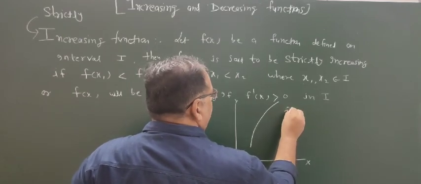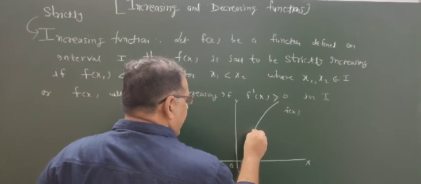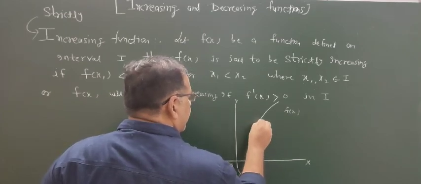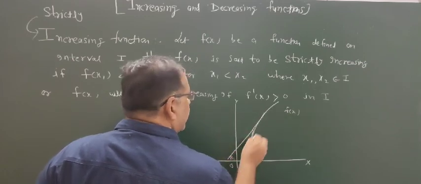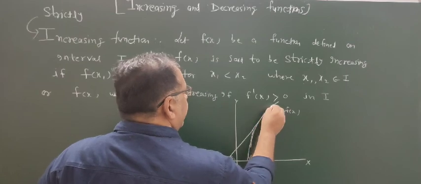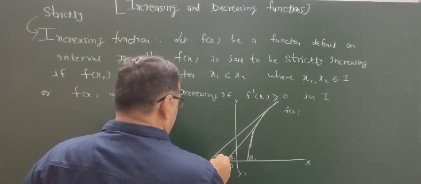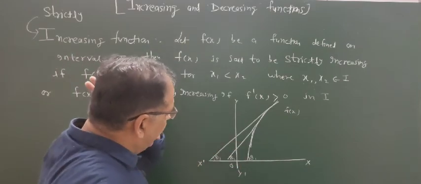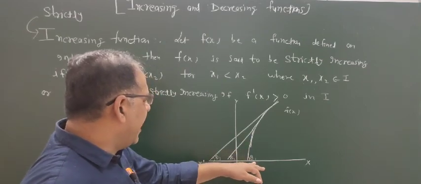This is the graph of function f(x), and if we draw a tangent at any point of the curve, we observe that at all points the tangent makes an acute angle.